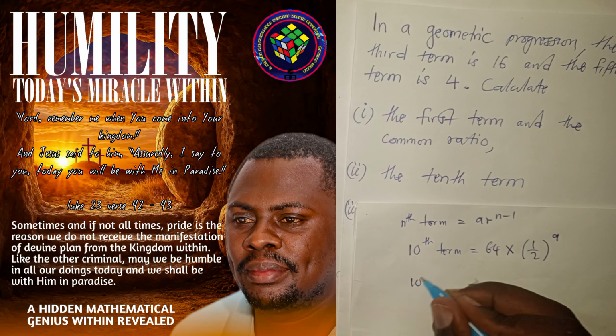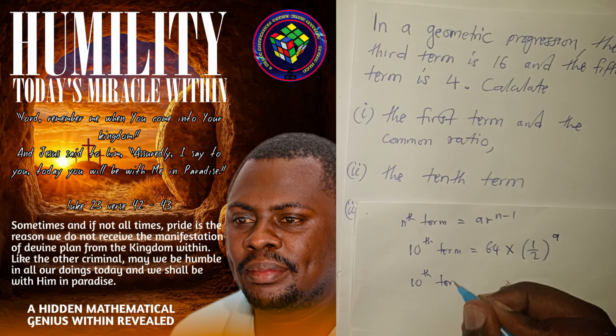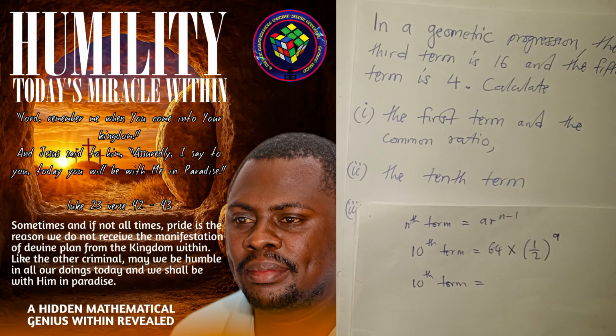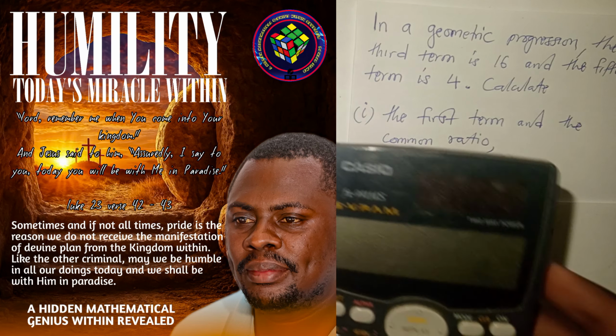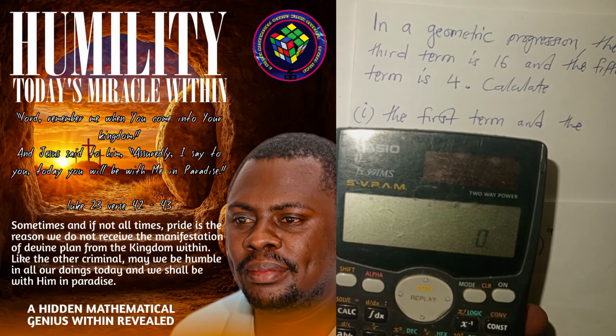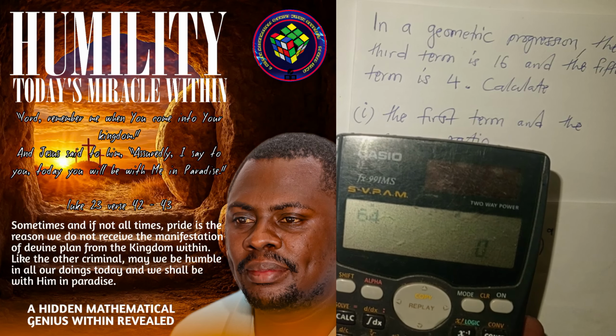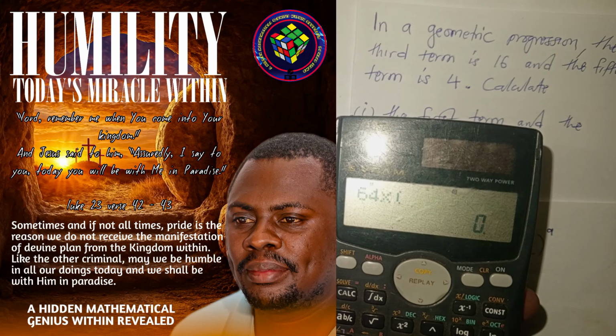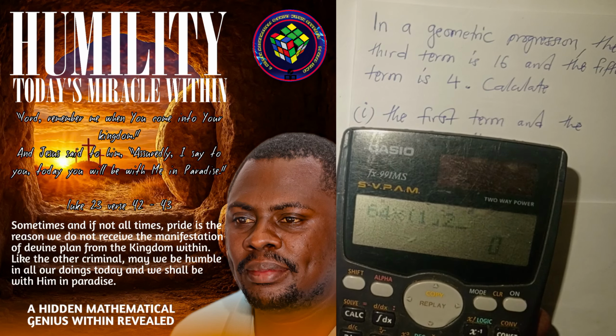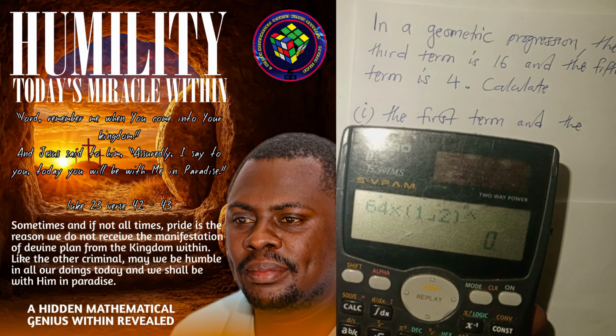So the 10th term is equal to, we can use a calculator here. We'll say that is 64 times, open bracket, 1 over 2 to the power 9.